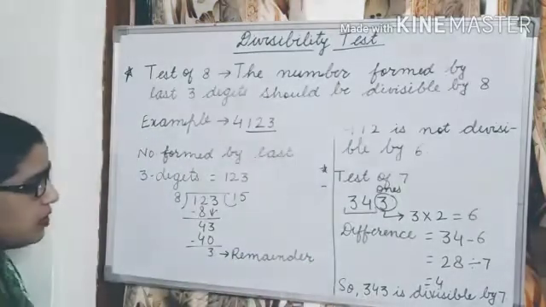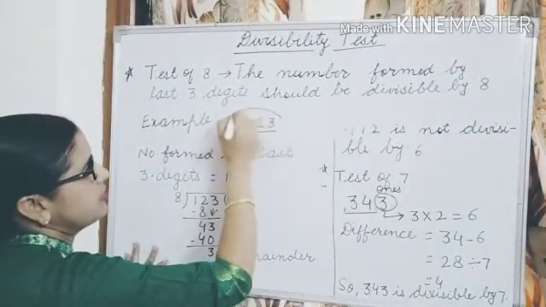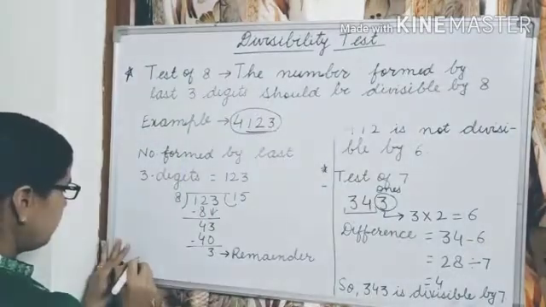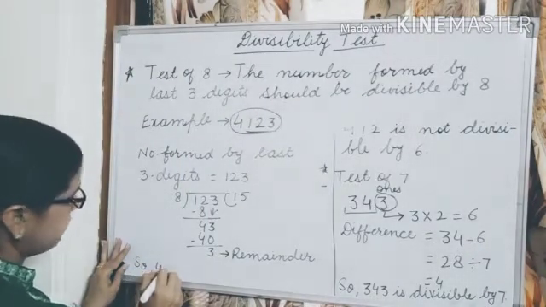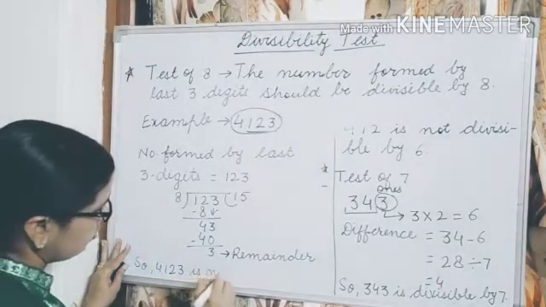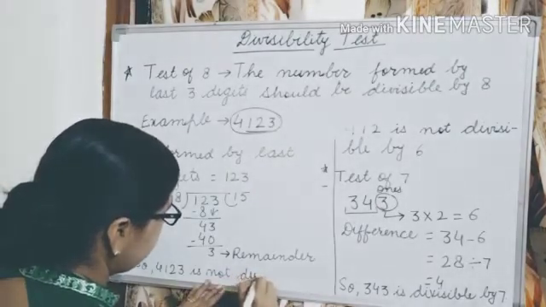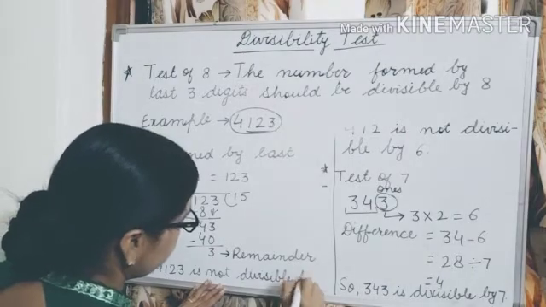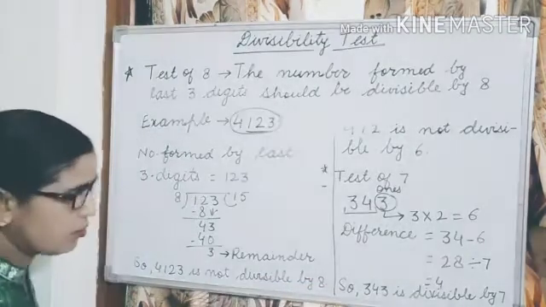It means if a remainder is left, this number is not divisible by 8. So 4123 is not divisible by 8. Now I hope you understand.